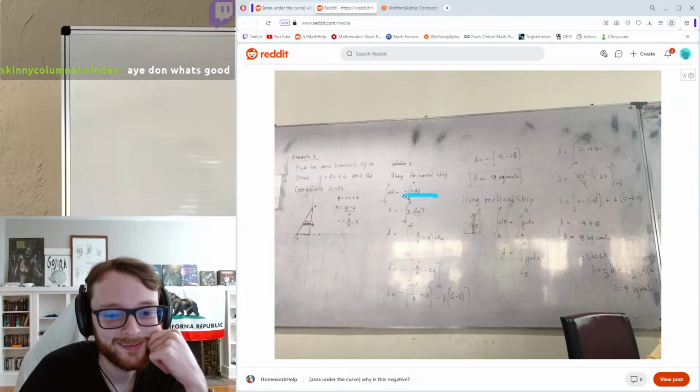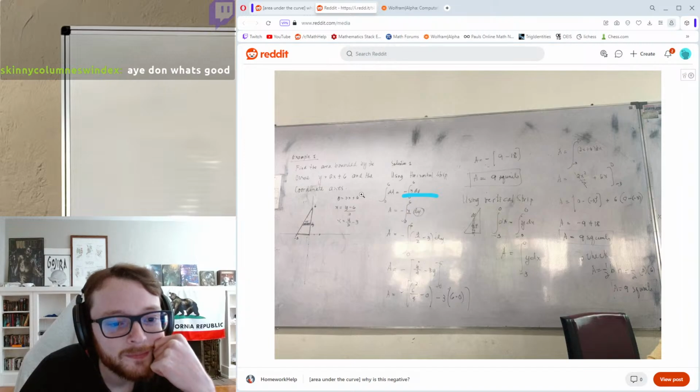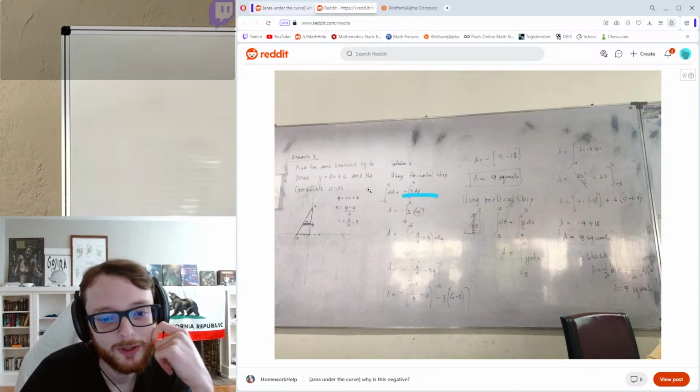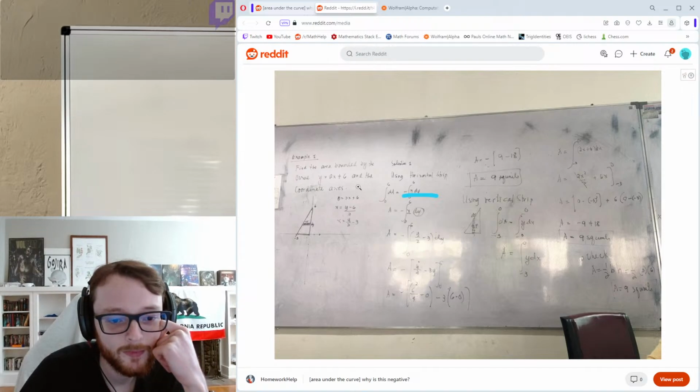So asking why this negative sign is right here is my assumption. Find the area bounded by the curve y equals 2x plus 6 in the coordinate axes. So they're showing that it's possible to do this integral in terms of y as well.